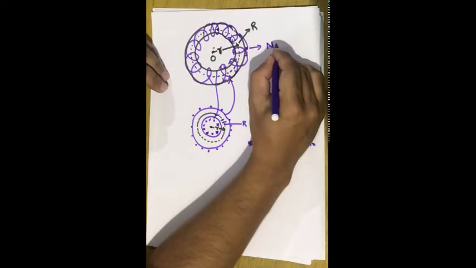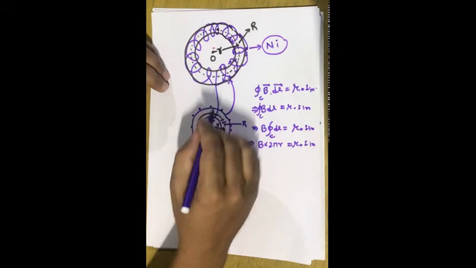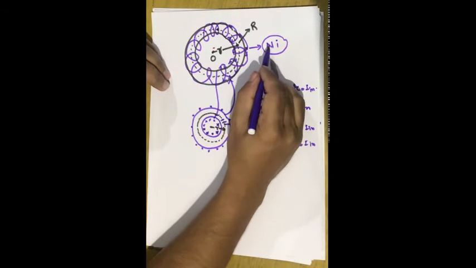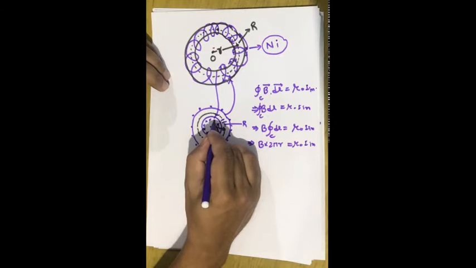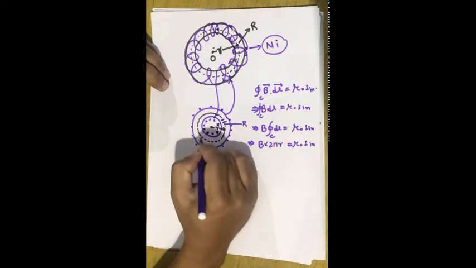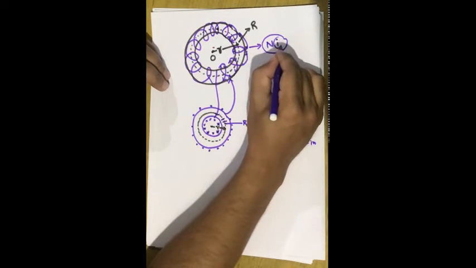Each turn will carry a current small I. Therefore, the total current carried by this Ampere's loop will be equal to capital N into I, because this current I enters here and leaves at the surface. Our Ampere's loop is in between these two, therefore it will totally enclose the current I.